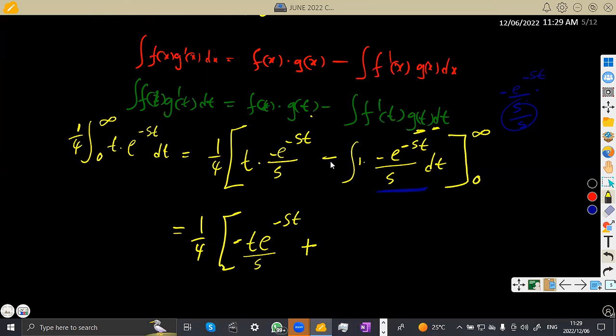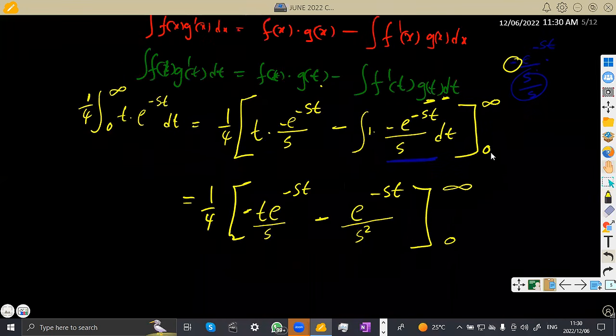Then when we integrate, our answer is going to be a negative. So positive and negative, it will be a negative at the end. So this will be negative e to the exponent of minus st over s squared. So we are going to have s squared there, all with the limits that we are given.